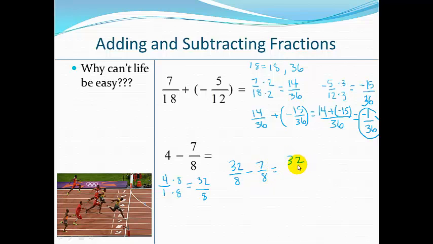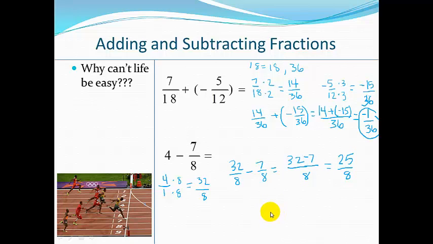I've got 32 minus 7 over 8. And luckily here, it's just simple subtraction. 32 minus 7 is going to be 25. 25/8. So remember, this is not my final answer. I want to put it into a mixed number.